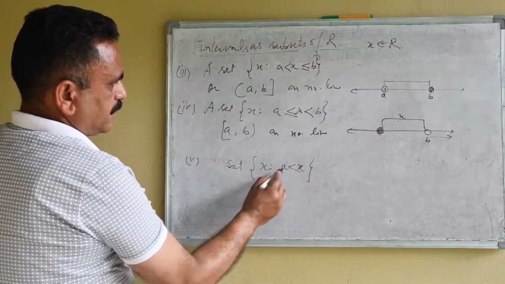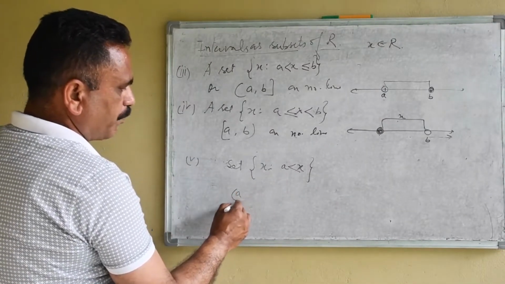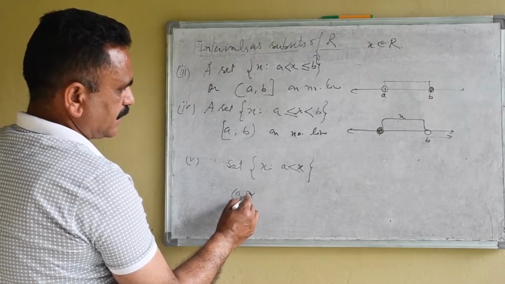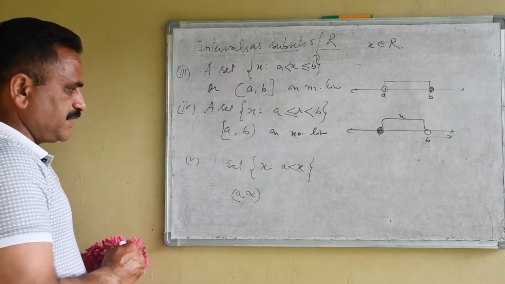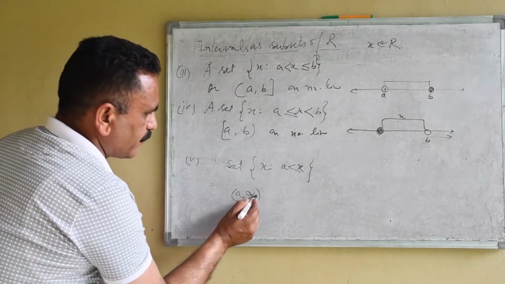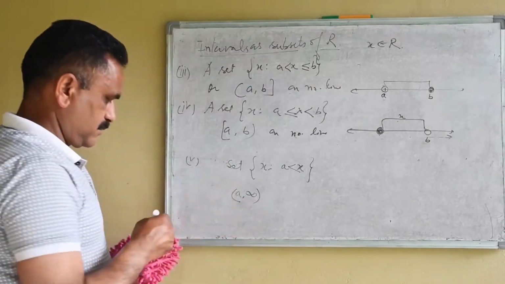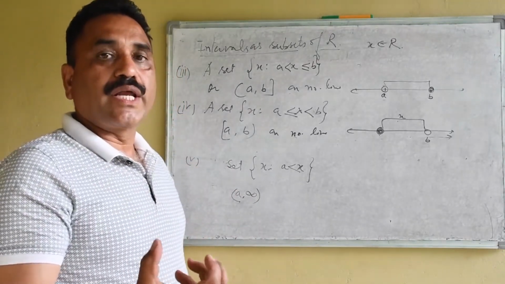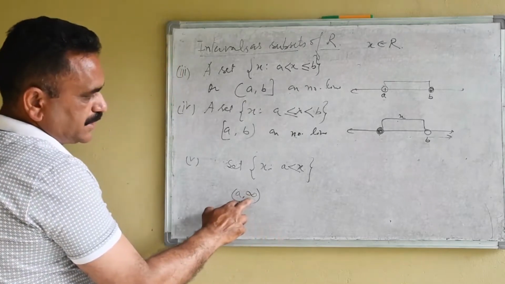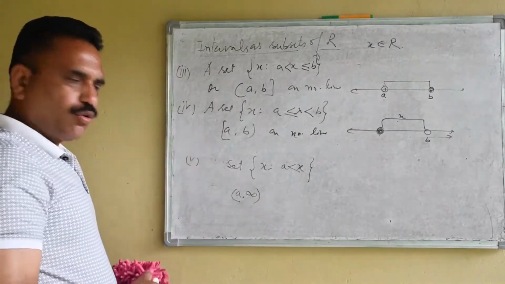That means a open interval and infinite. Infinite means, again here we have to put the open interval. Why? Because infinite means where we are not able to count. So that means both sides will be open.